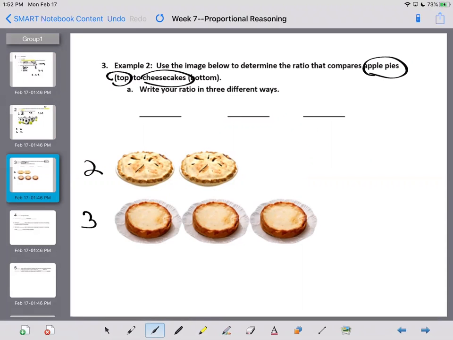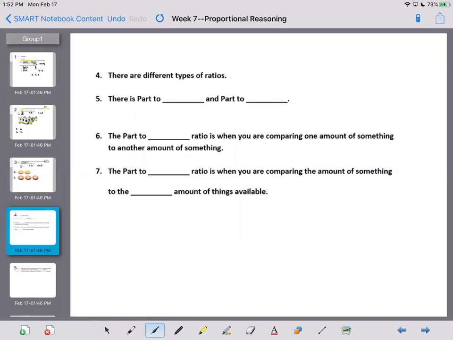So if we wanted to write the fraction, we would write 2 divided by 3, 2:3, 2 to 3. And then again, if I had cheesecakes first, apple pie second in my wording, then that would be 3 to 2 in the representation. So you also want to look at what you're comparing and how it's worded in the given information.